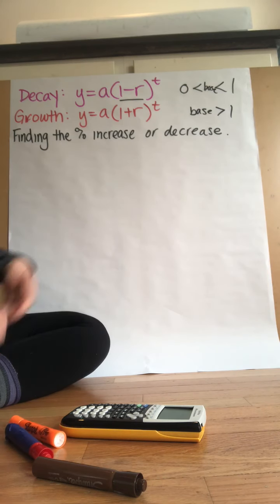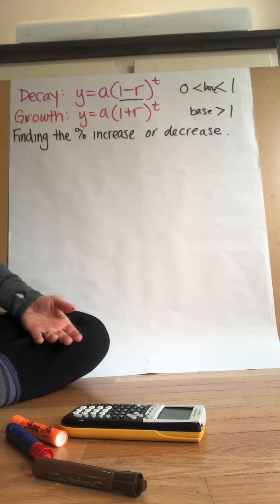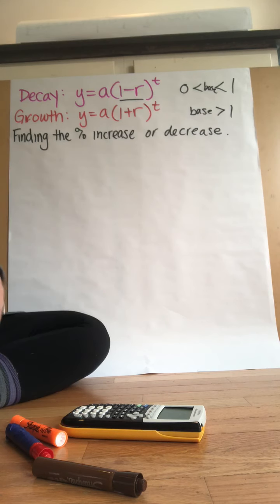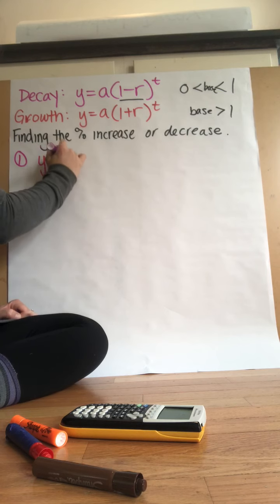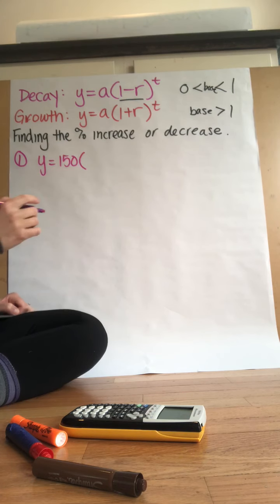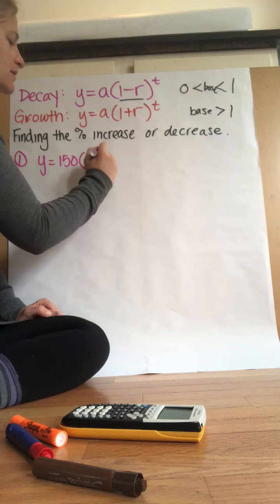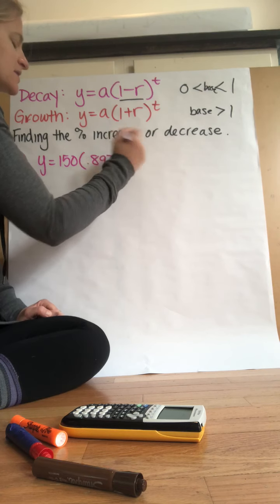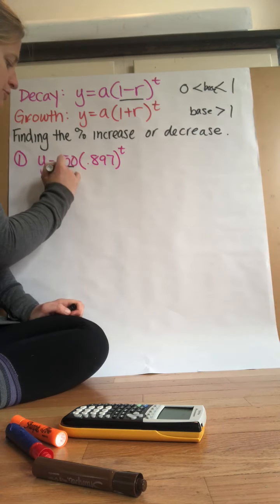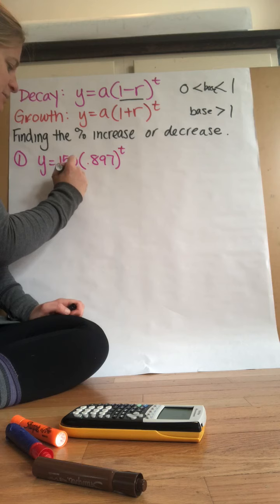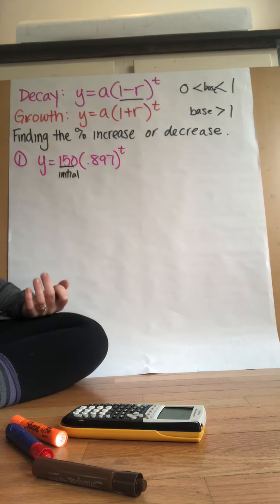growth, okay? So if I gave you a problem that said the equation was y equals 150 times 0.897 raised to the t power, we can see here that our initial amount is 150, right? That's easy peasy. Initial amount is 150.